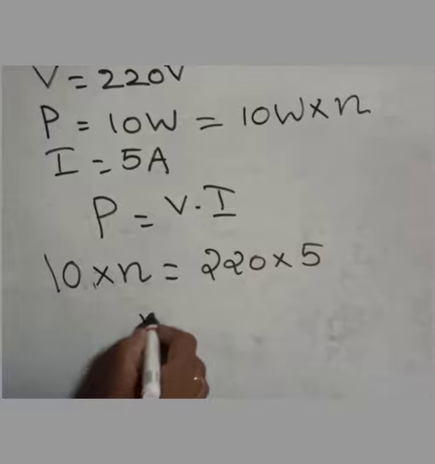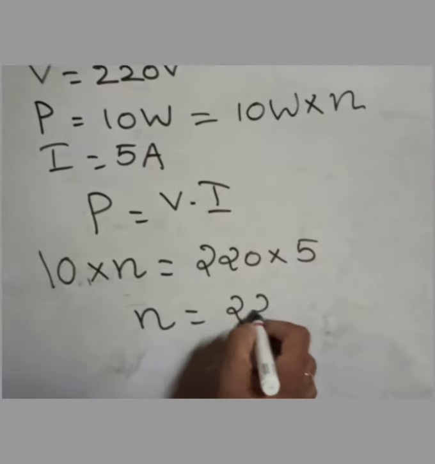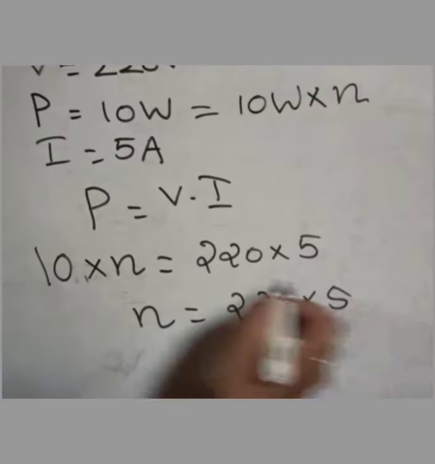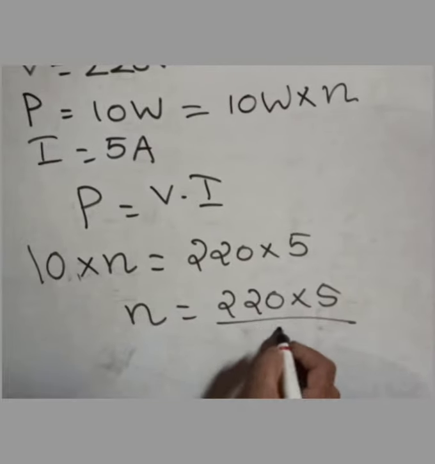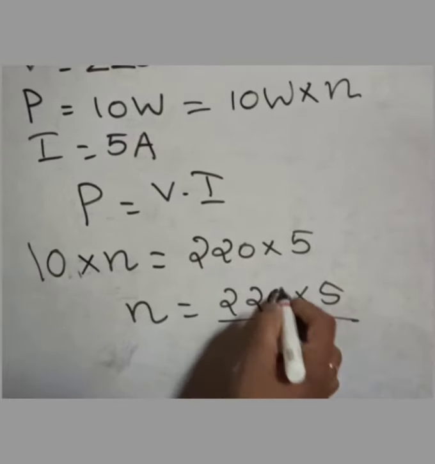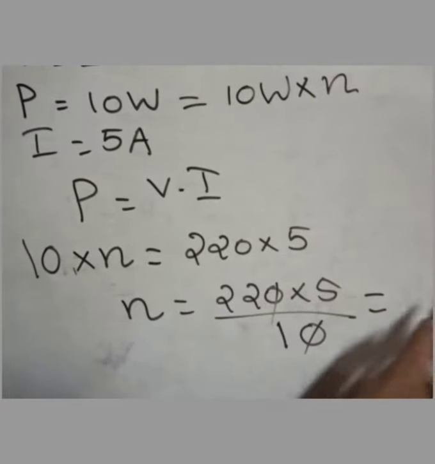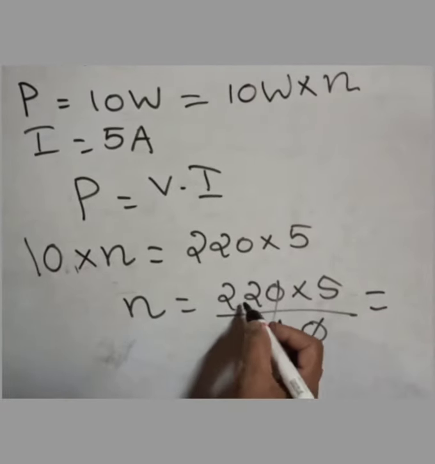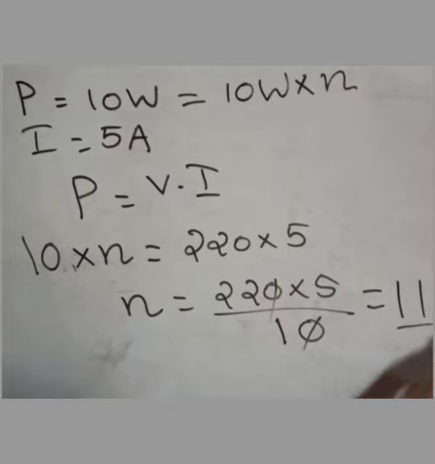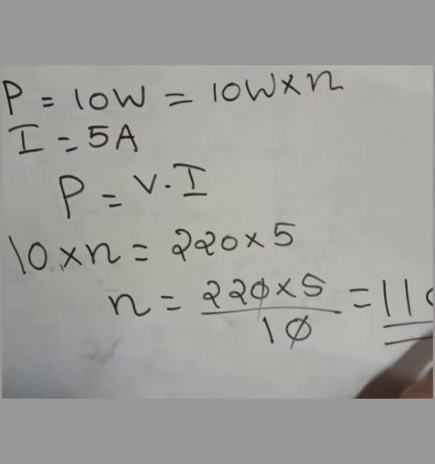So n is equal to 220 into 5 by 10. The 0 will go off. What is 22 into 5? 5 into 2, 10. 5 into 2, 10 plus 1, 110 bulbs.